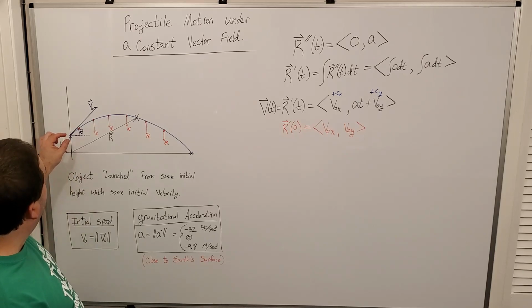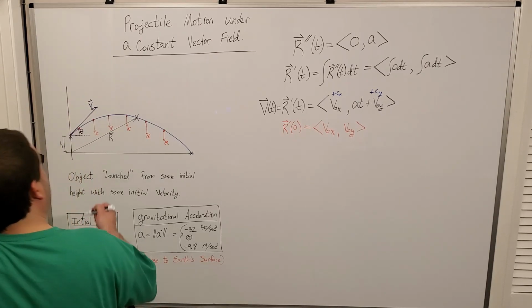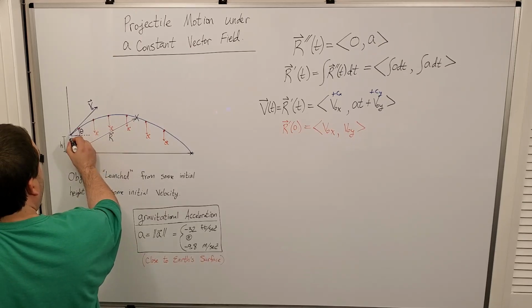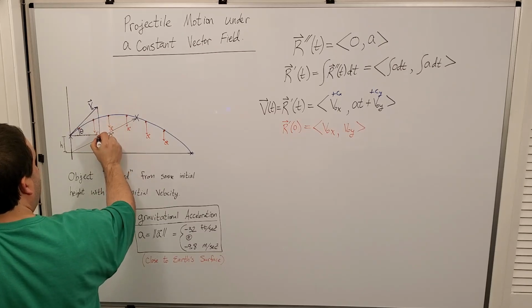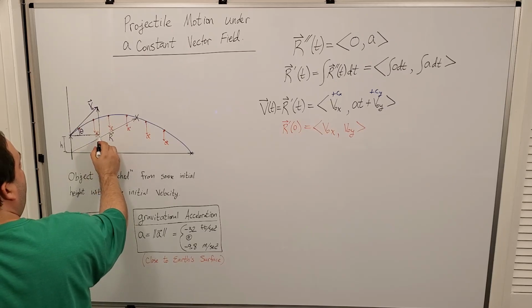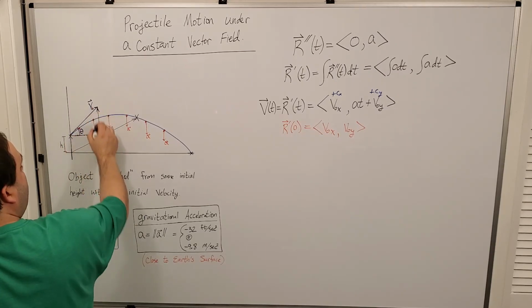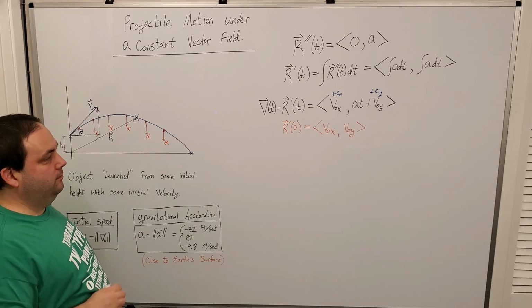Okay, so if I want to break this into components, that's pretty easy to do with an angle. Remember, if I have this piece and this piece, right? I can break it into two component vectors that are at a right angle to each other, here and here, by using sine and cosine.